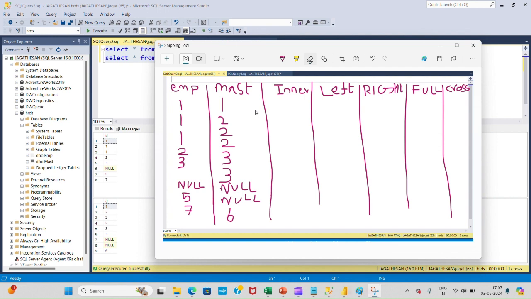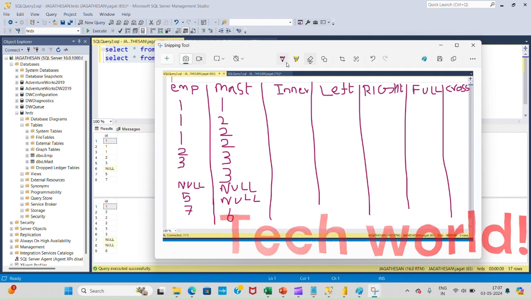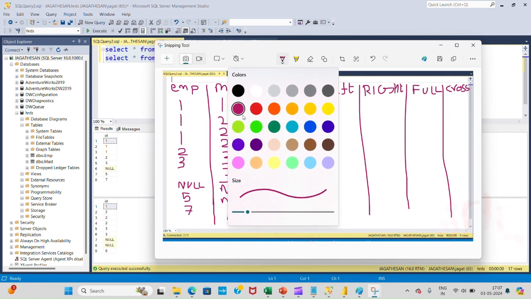Inner join means the common records between both tables. So what is common between these two tables?